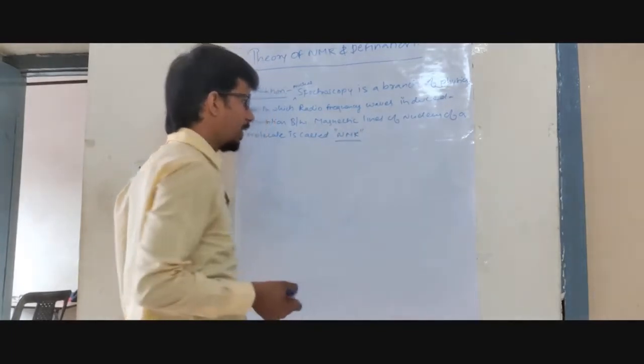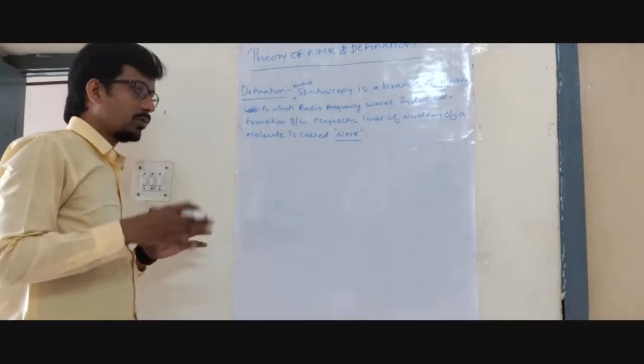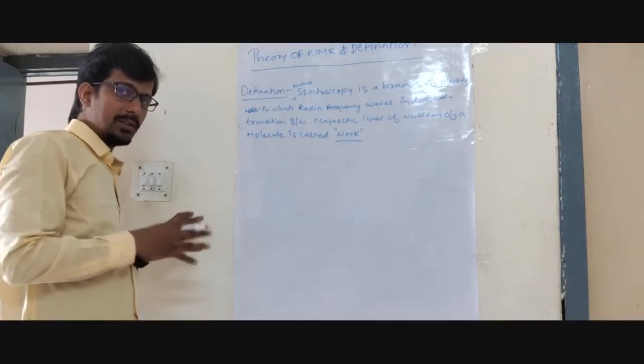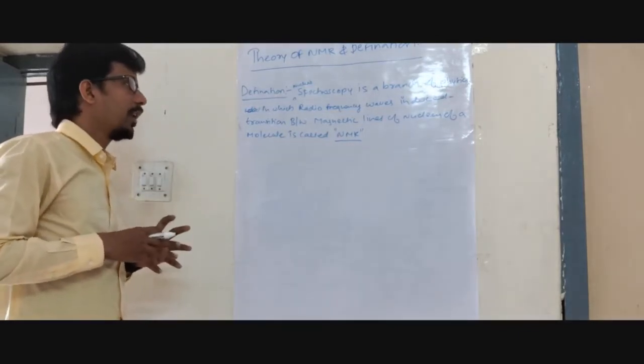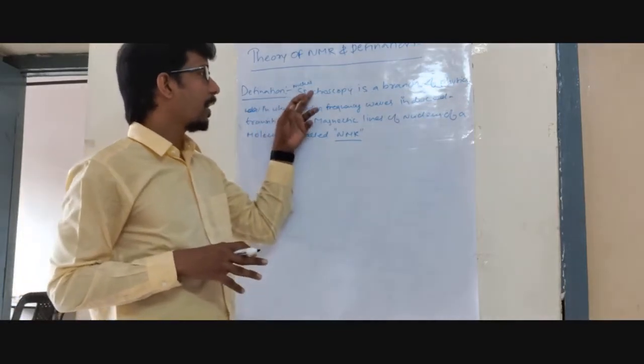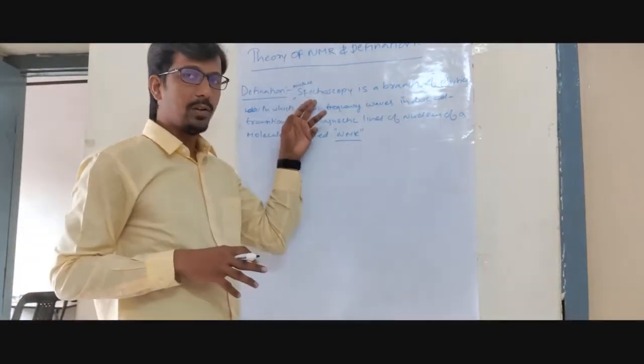This is called the NMR. So I will explain that in 2 minutes. We will try to discuss in a simple manner what actually NMR is. NMR is nothing but nuclear magnetic resonance. Resonance, just now I explained.